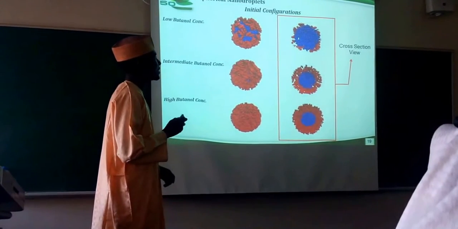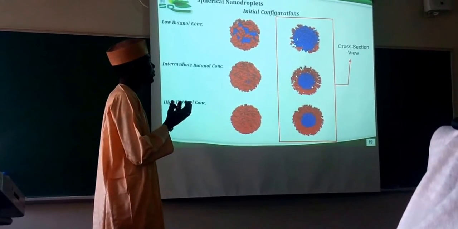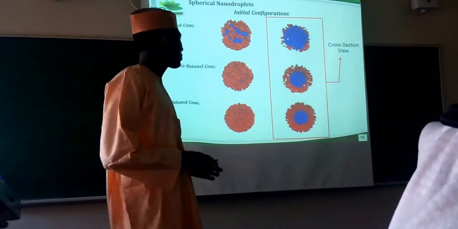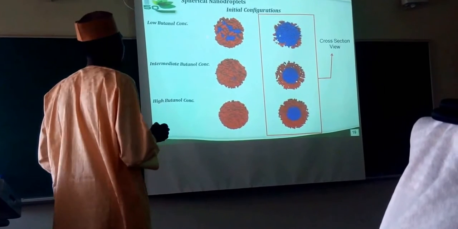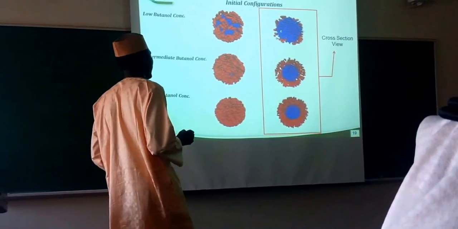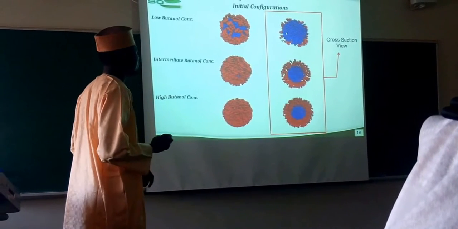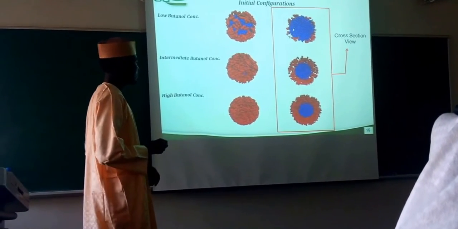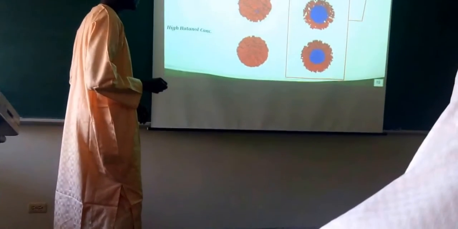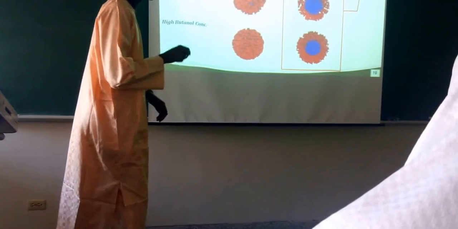We use various concentrations of butanol. For the low concentration, we use 200 butanol molecules. For the intermediate concentration, we use 1,000 molecules, and for the high concentration, we use 3,000 molecules. This is just a cross-section view to enable you to see what is inside.